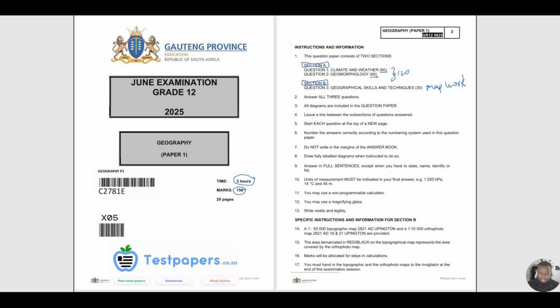So let's calculate together, for someone who wants to get the minimum, which is 45. We say 150 times 30 divided by 100. The answer is 45, which means you must try in all these sections to get at least 45 marks, if you're a student who is struggling, maybe not passing geography.